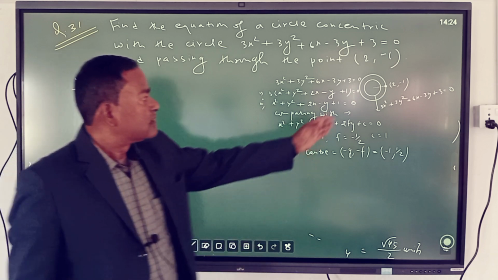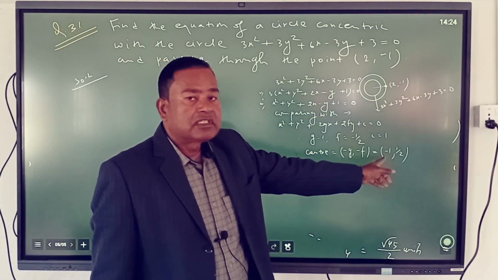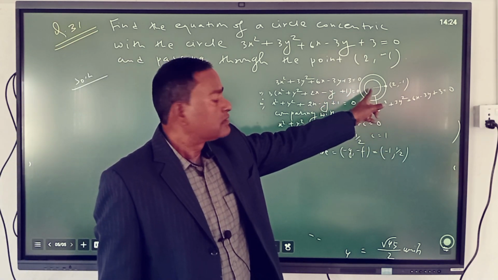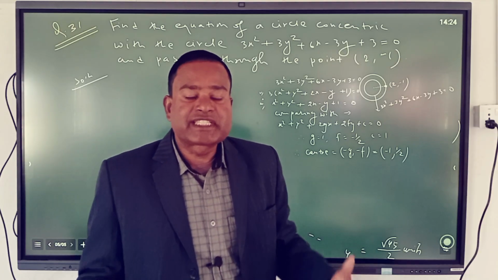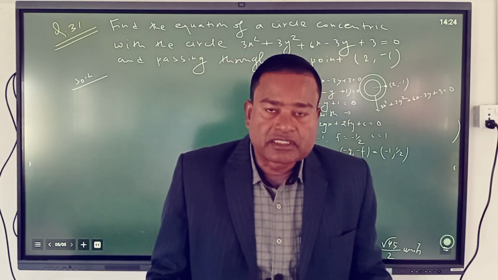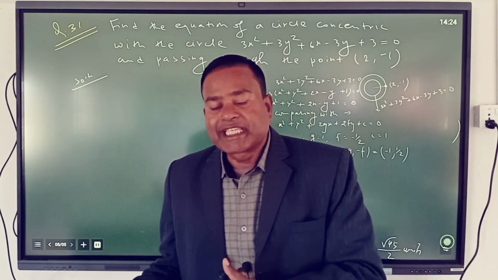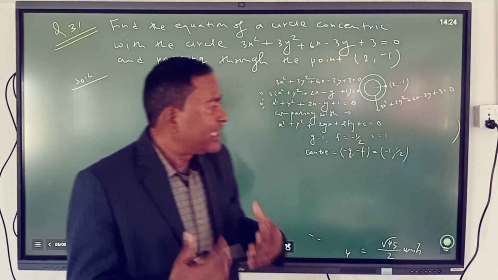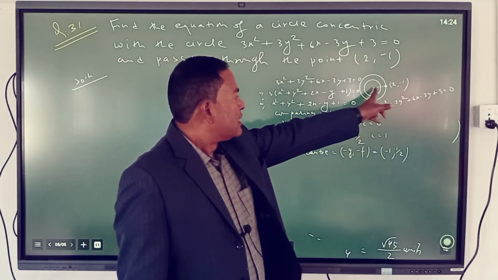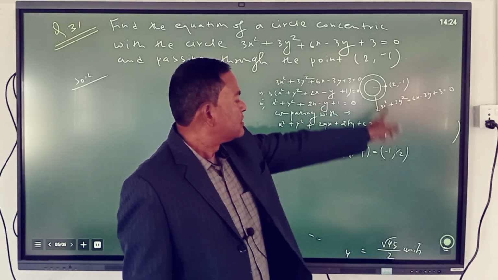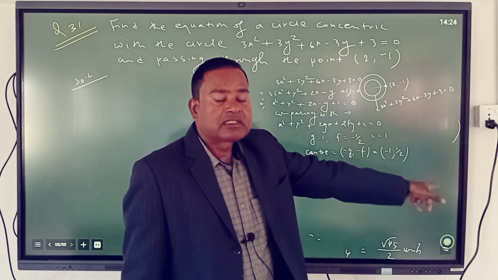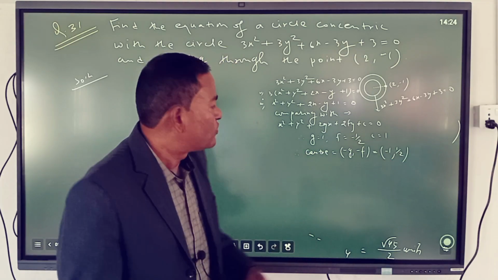Already we have found the center of the concentric circles. Now two circles' centers are the same, we can take the same. Now let's suppose the center minus 1 comma 1 by 2 as x1 and y1.